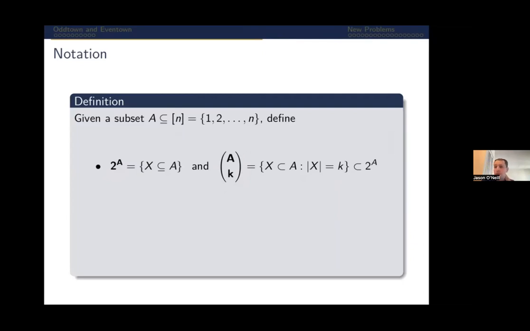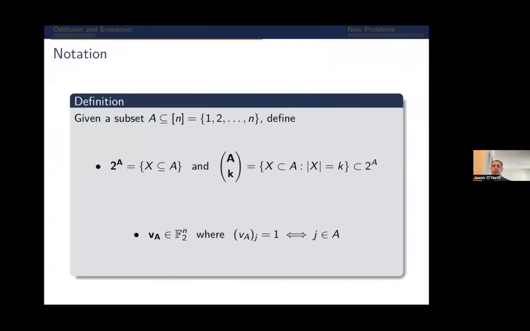The other piece of notation we're going to use is the characteristic vector of your subset A. It's a 0, 1 vector. You can think of it as being in F2 to the n, where the jth coordinate is 1 if and only if the element j is in the underlying set A. This allows us to perfectly encode subsets of an n element set as vectors.